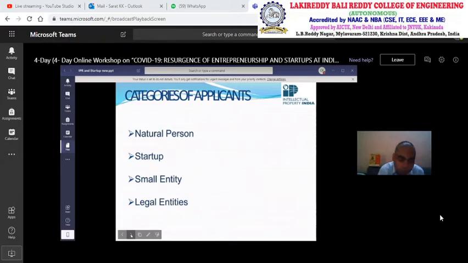Okay, so what are the categories of application? The natural person, the startup, the small entity, and the large entity. Who is the natural person? As I already disclosed, I and we who are working in the laboratory are the natural persons. Now come to startup. Suppose we are the natural person, we don't have that kind of expertise to develop our prototype to a product in a large scale manner.